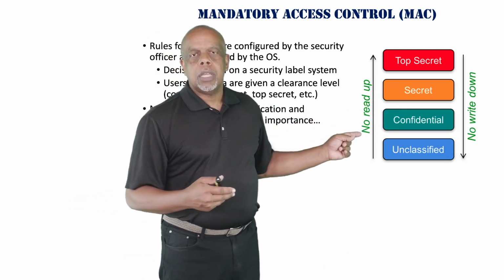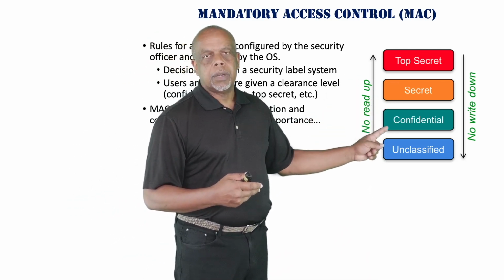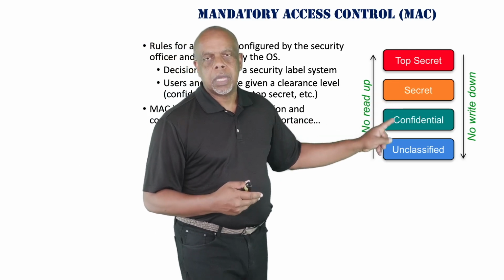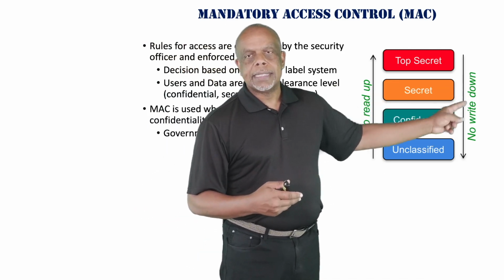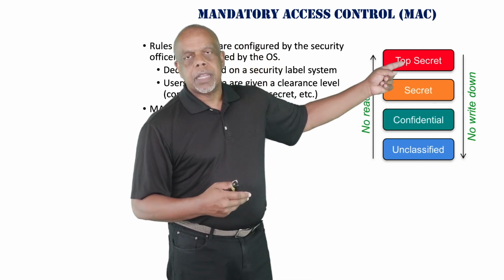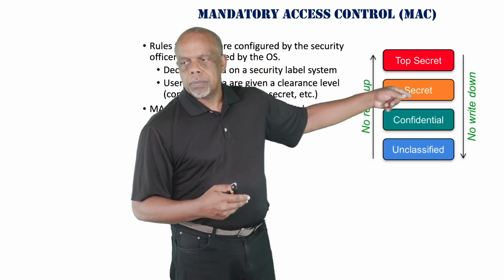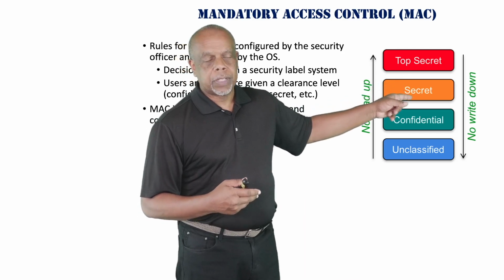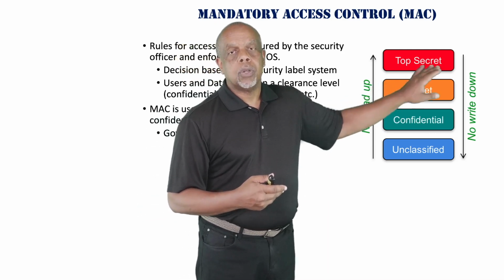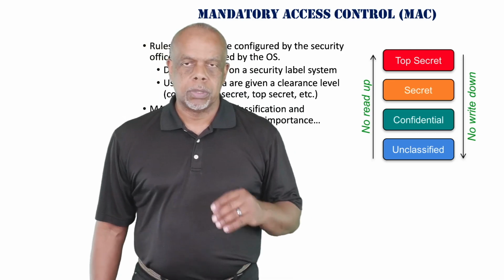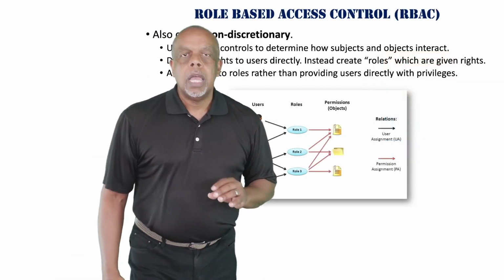That's what no read up means. If I'm sitting here, I can't read anything higher than my security clearance. Likewise, no write down, meaning that if I have a document that's top secret, I cannot arbitrarily write it down to secret. Only the classification authority can do that. So no read up, no write down. Mandatory access controls: secret, top secret, those things.